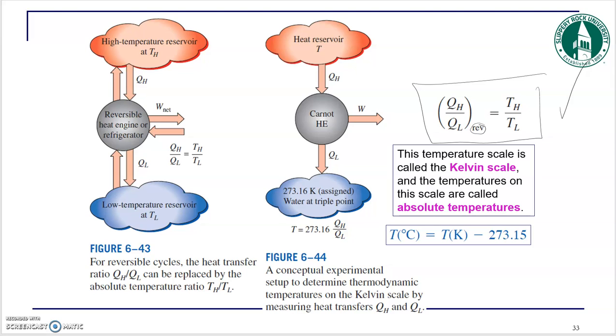Look at this REV that is written there. That means reversible. And the temperature scales that you use in this equation should be thermodynamic temperature scales. So these are in Kelvin.